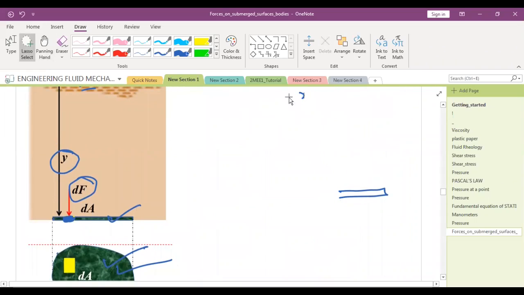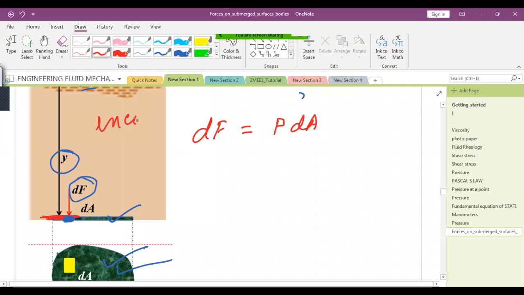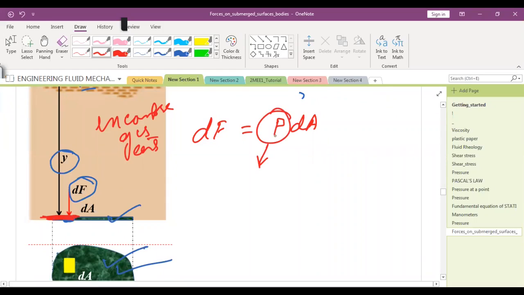I want to find the force on the total surface. dF is pressure into dA. Now what is the pressure at this location? If the fluid is incompressible and g is constant, what can I substitute P with? Rho gy. So rho gy into dA becomes dF.